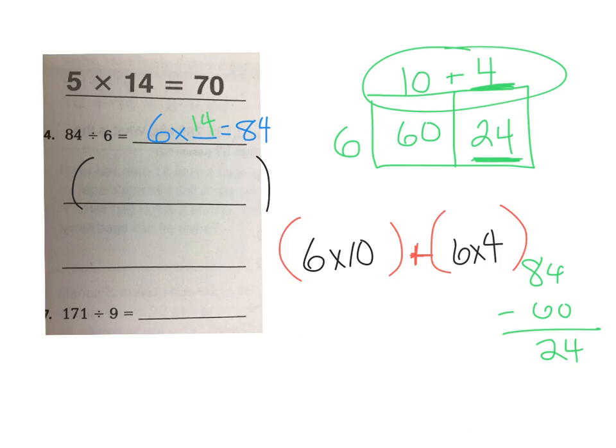Hold on, can I go back there? Yeah, here we go. 6 times 10 and 6 times 4. All right, boys and girls, that's going to give you your related multiplication problem in the form of distributive property. All right, I think you're getting good at this. Let's try a couple more before we finish.